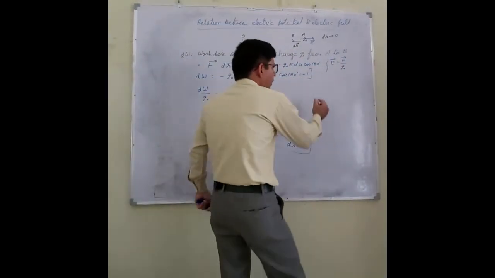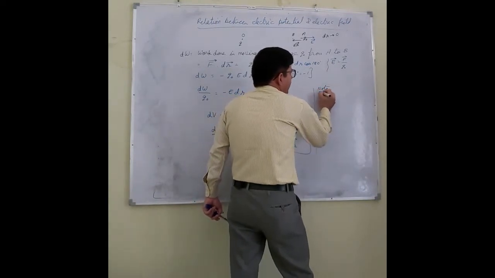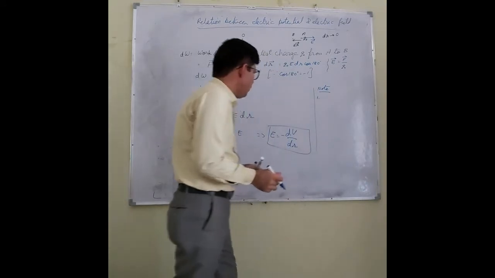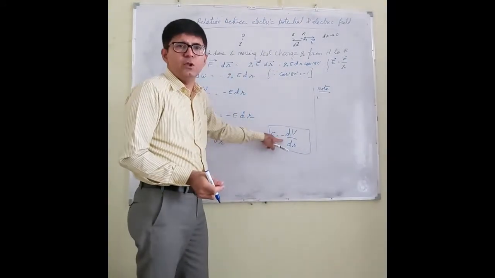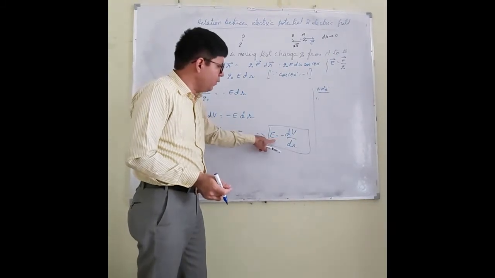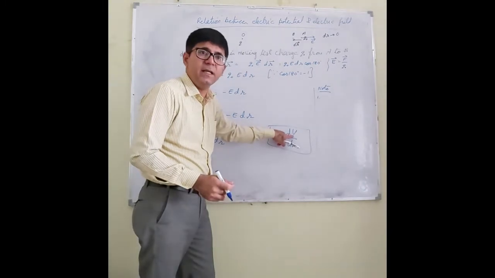Now there are a few points that you have to keep in your mind. First point is, what is the meaning of the negative sign? Negative sign shows that direction of electric field is the direction in which potential is decreasing.